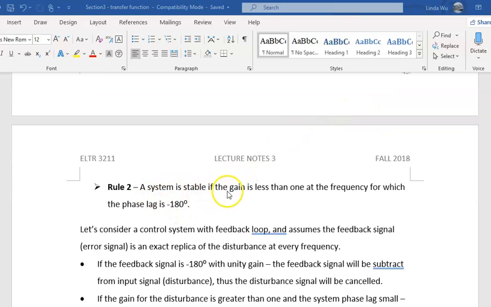Rule 2: a system is stable if the gain is less than 1 at a frequency for which the phase lag is negative 180 degrees. If we cannot change the phase lag of negative 180 degrees, then we want the gain to be less than 1.